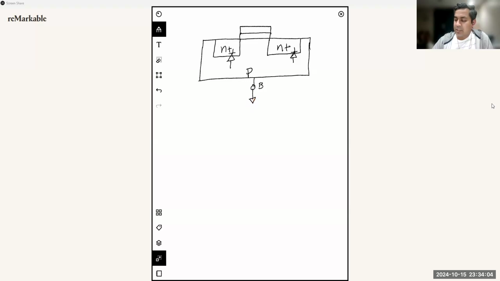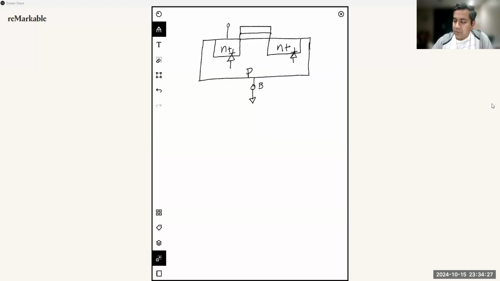For our discussion simplicity, we are just going to assume that ground is the lowest potential. So the first action will be to ground the body terminal so that these two PN junctions are always reverse biased.